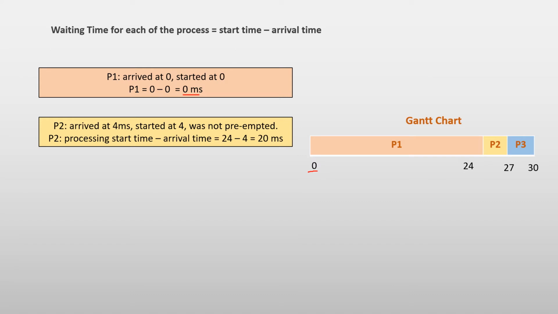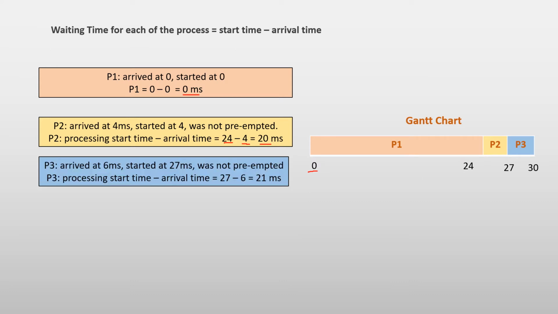For process P2, it started its execution at 24 milliseconds and it had arrived in the system at 4 milliseconds. So its total waiting time was 20 milliseconds. Similarly, process P3 started its execution at 27 milliseconds. It arrived in the system at 6 milliseconds. So the total time it was waiting was 21 milliseconds.